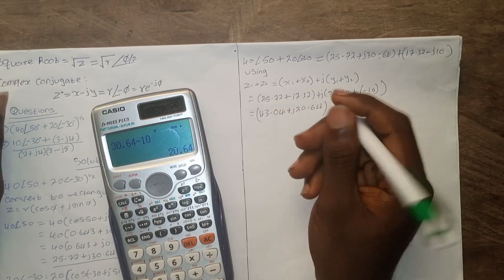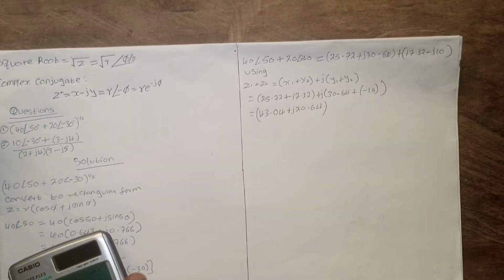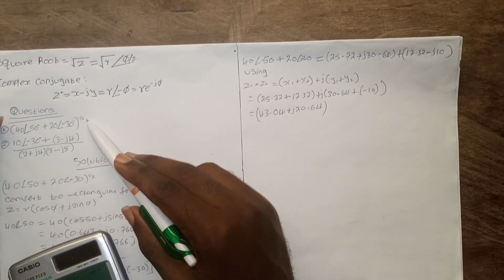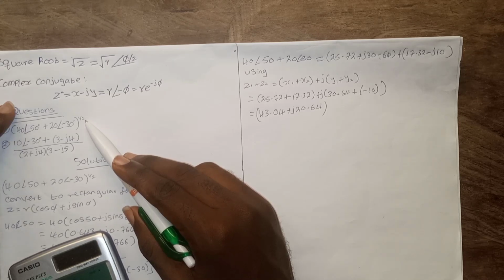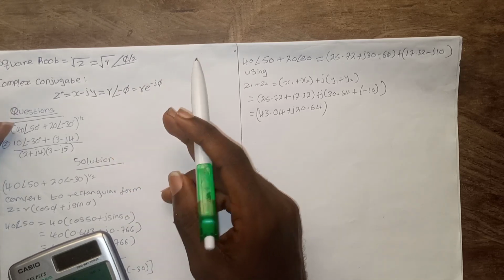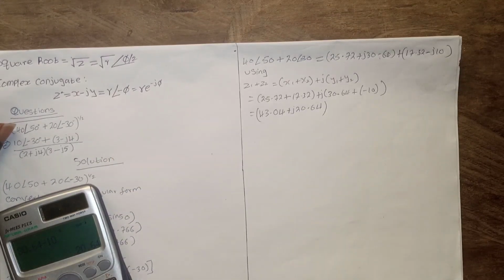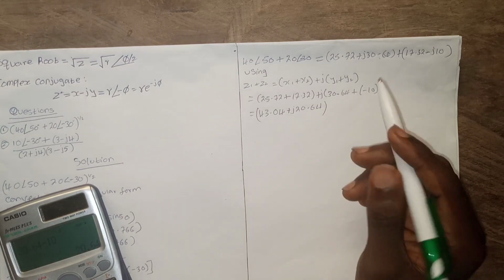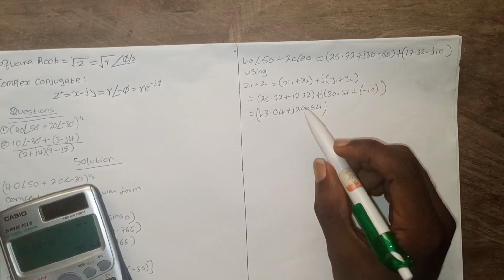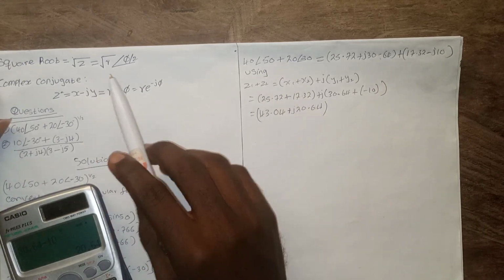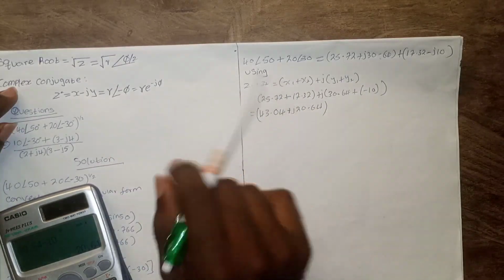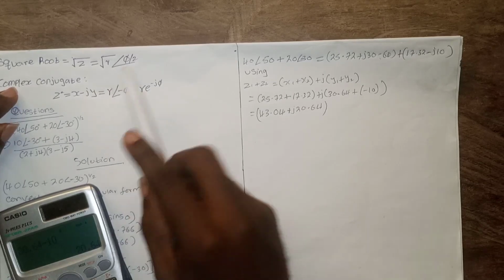But don't forget we're asked for it raised to the power 1 over 2 here, so we're still going to get the square root. And for us to get the square root, it has to be in phasor form. So this is rectangular form.